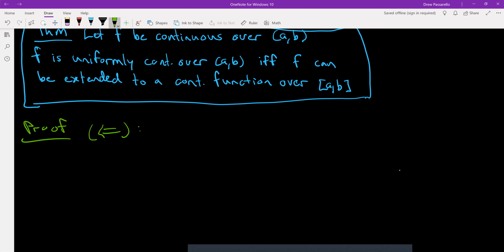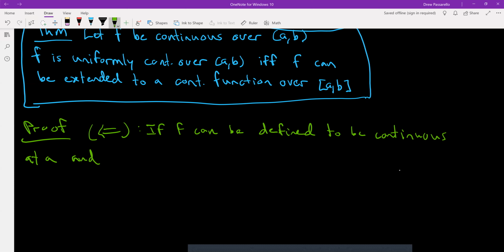So if f can be defined, so as an extended continuous function, that means if f can be defined to be continuous at the endpoint a and the endpoint b, well then, we know that if that's the case, then f is continuous over the closed interval [a, b].